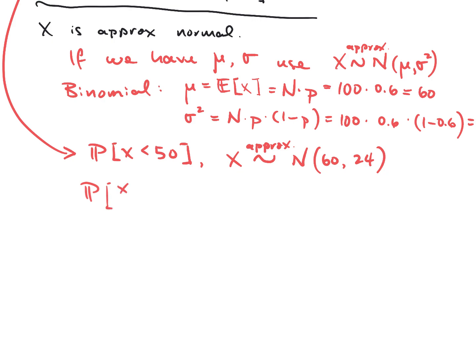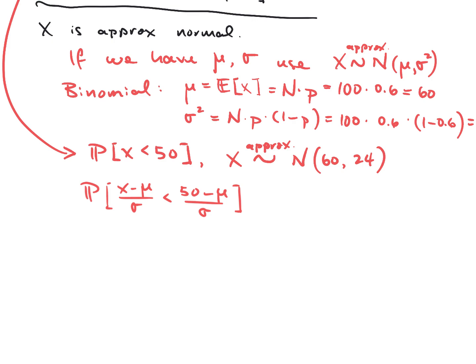So it's the probability that x minus mu over sigma is less than 50 minus mu over sigma. I'm showing some excessive steps here, just to explain what we're doing and why the math balances. We're doing the same to both sides of the inequality. We're subtracting off the mean and dividing by the standard deviation.